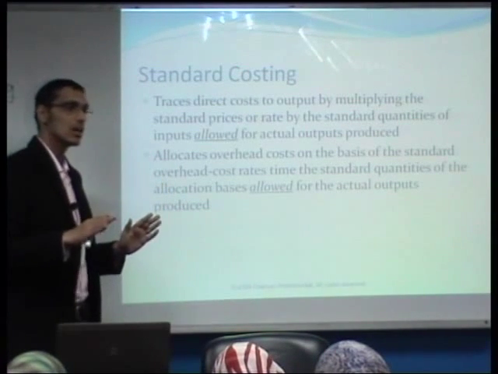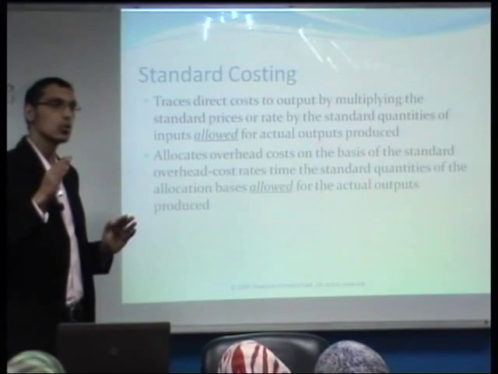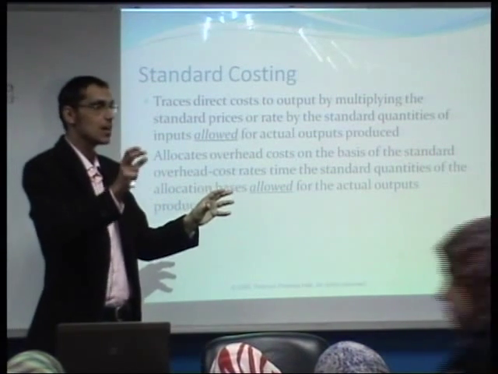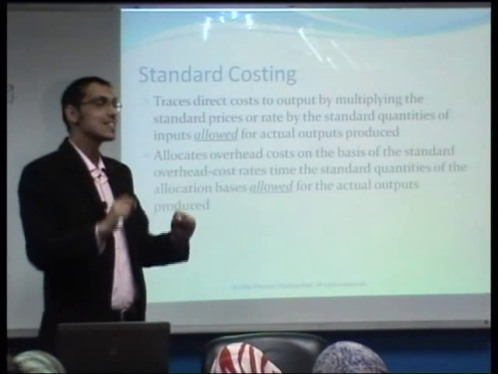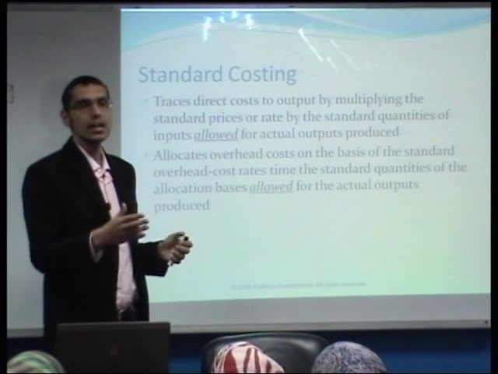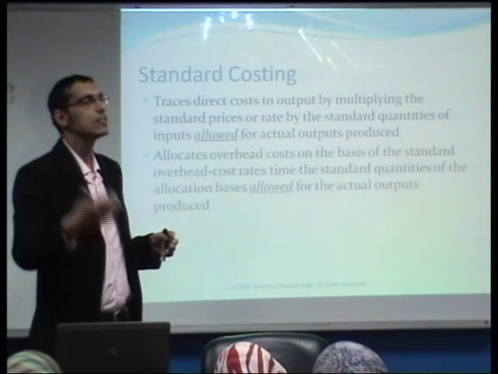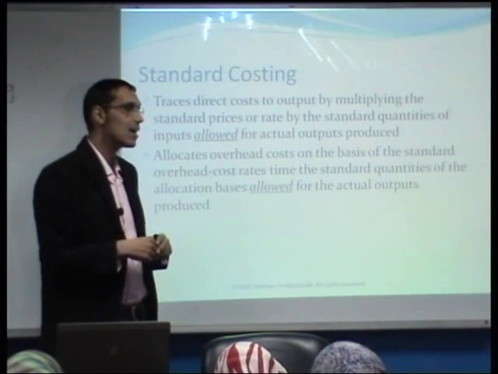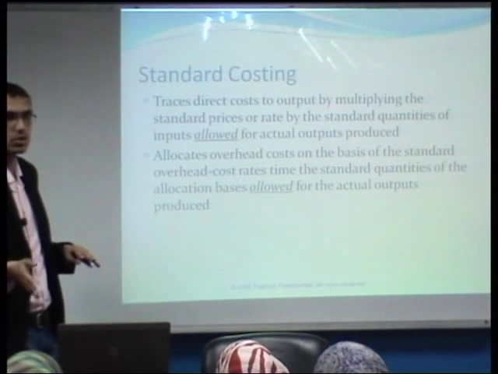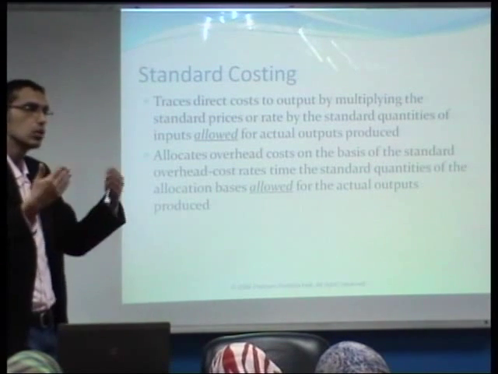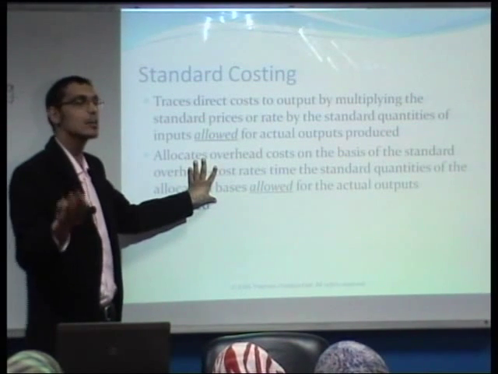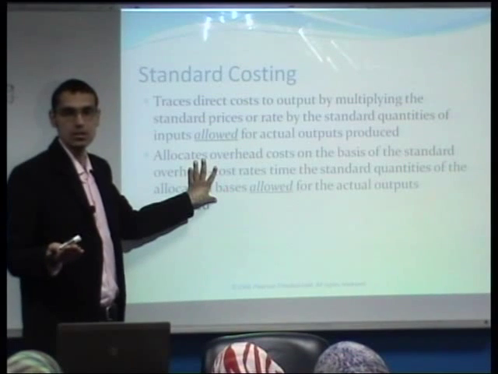That means, not like the normal costing, where we multiply the budgeted rate by the actual number of units of the allocation base, in the standard costing we are going to multiply the budgeted rate by the standard quantity for the actual output that has been produced. Of course, this was introduced in chapter number 7, and we are going to build upon this type of costing system. Any questions?